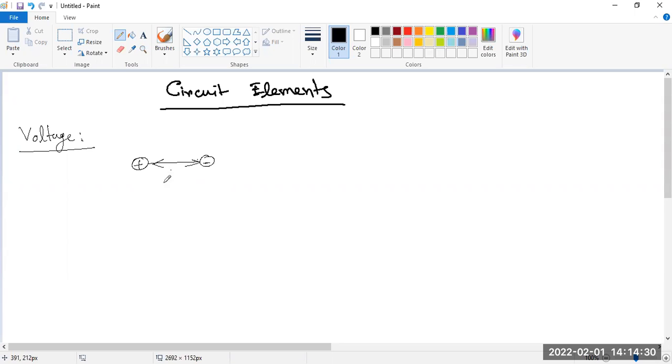This force of attraction is created because positive charge attracts negative charge, negative charge attracts positive charge. So we can write point-wise, you can note this down because this is a very basic concept. This is required for our GATE preparation, for our competitive preparation, etc.